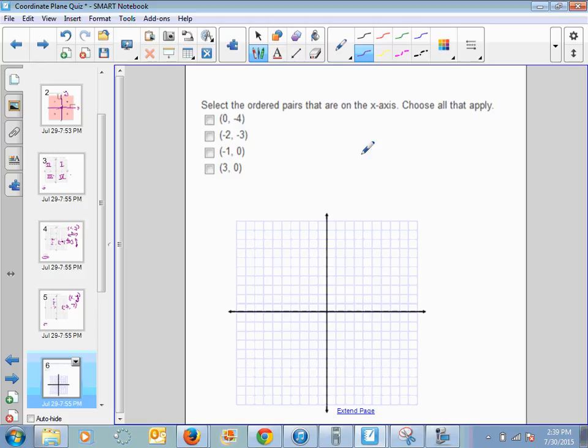Okay, select the ordered pairs that are on the x-axis. We wrote it down before, but just remember, this is the x-axis here, and here is your y-axis. So let's just plot one of these, for example. If we take the 0, -4, let's get a dot.